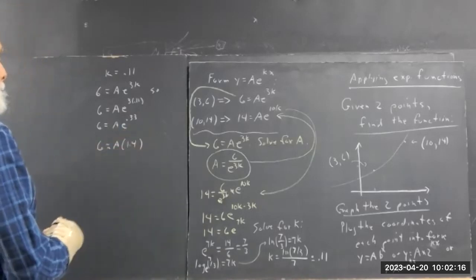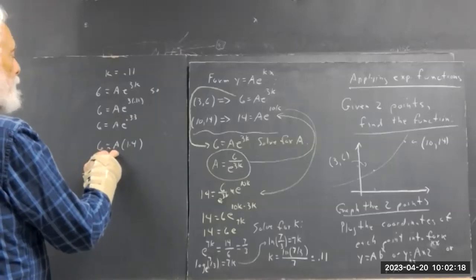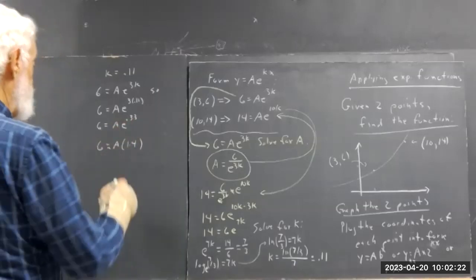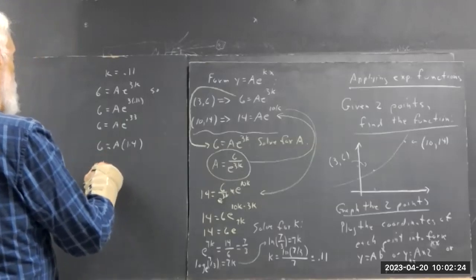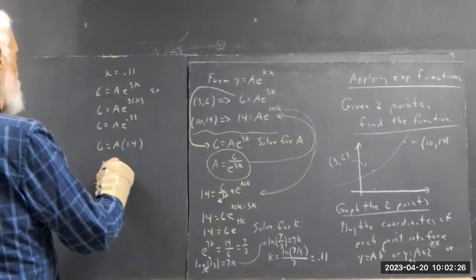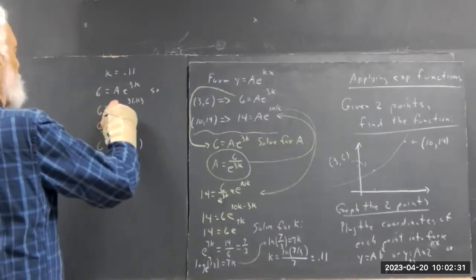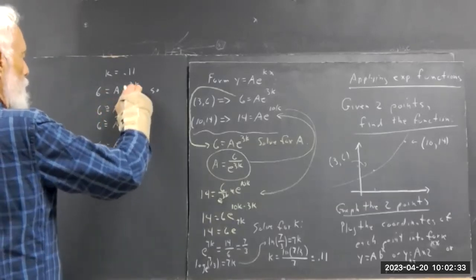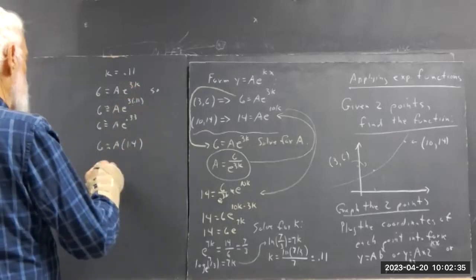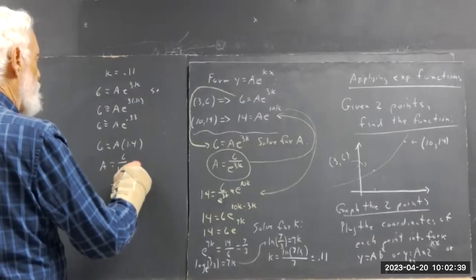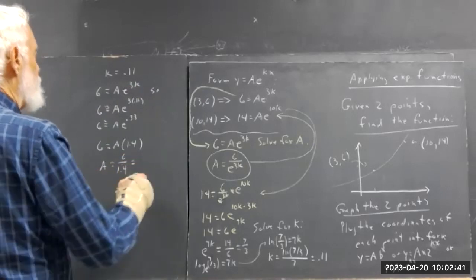Anyhow, there it is. 6 equals A times whatever we get when we do e to the 0.33. Then A should be approximately equal to, and all these are approximate, okay, because the 0.11 is very approximate. So we solve for A, it's going to be 6 over 1.4. That's about 4.